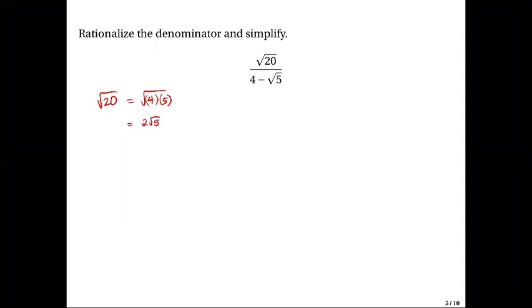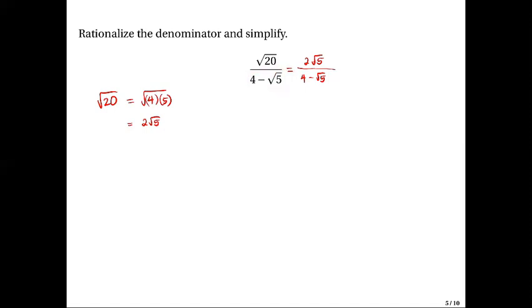Okay? So let me rewrite that first. Square root of 20, it's 2 square root of 5. And then on the denominator, we have 4 minus square root of 5. Now, you have a radical on the denominator. And it's a binomial, meaning it has 2 terms, right?